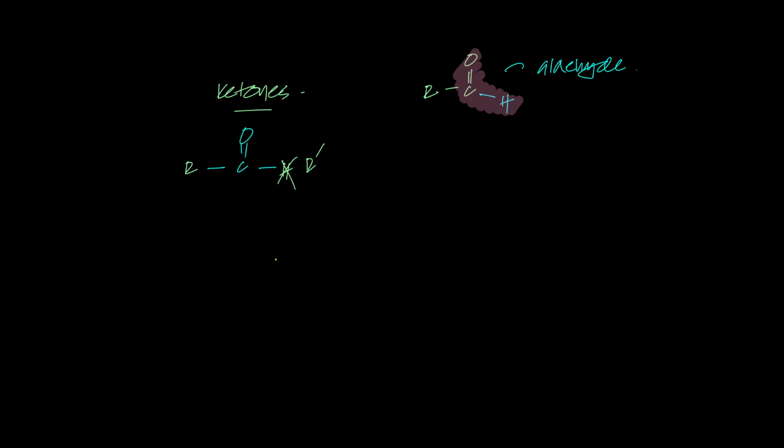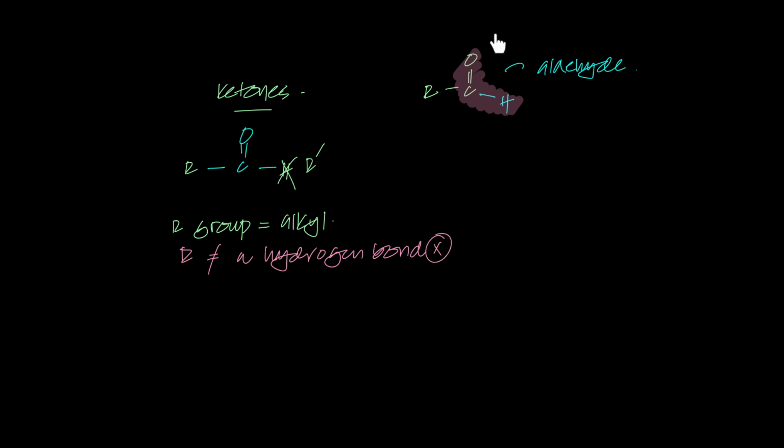So what you realize is that this is the only case where the R group only represents alkyls. The R group cannot be a hydrogen bond. Then it won't be a ketone. If the R group is a hydrogen bond, then it would again become an aldehyde.